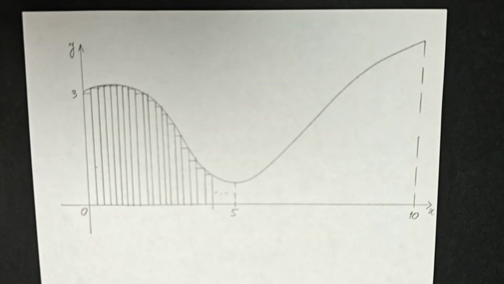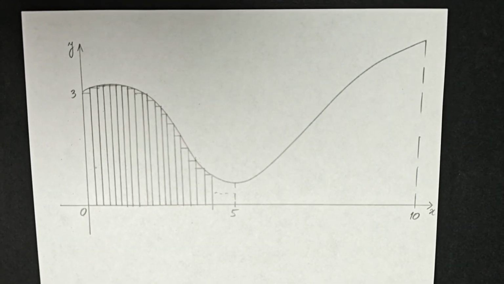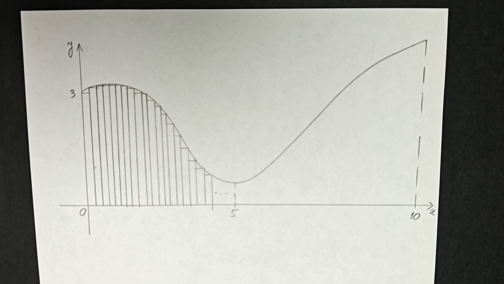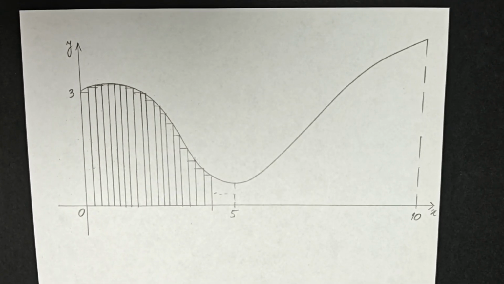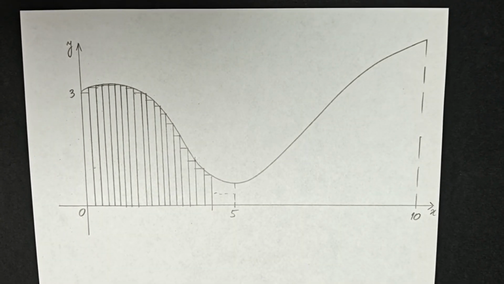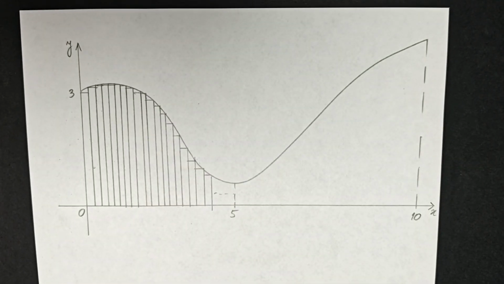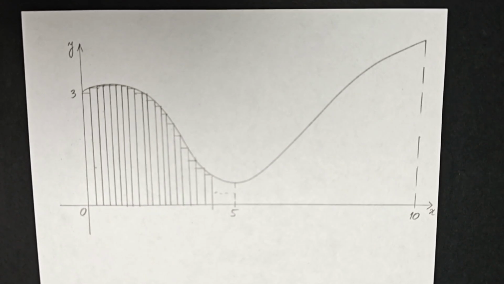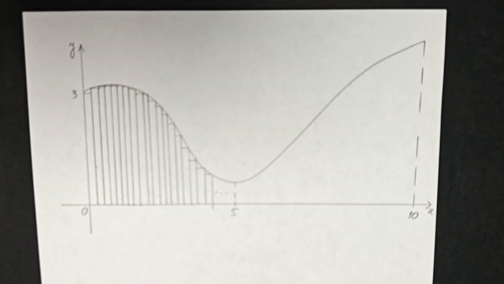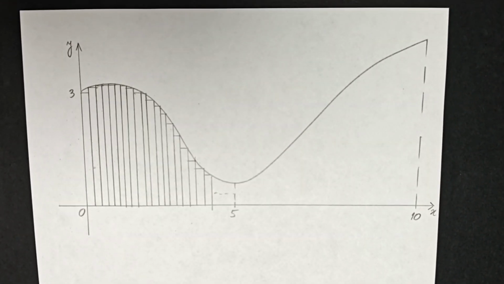So we are using more rectangles with an even smaller base than the ones we used previously. I'm not going to cover the entire shape with these rectangles, but you can understand what I am doing. So we are using skinny rectangles, and if we need even more precision, then we are going to use even skinnier rectangles.